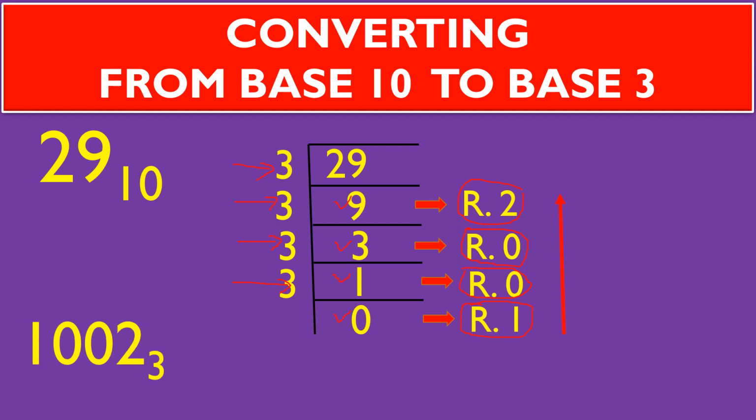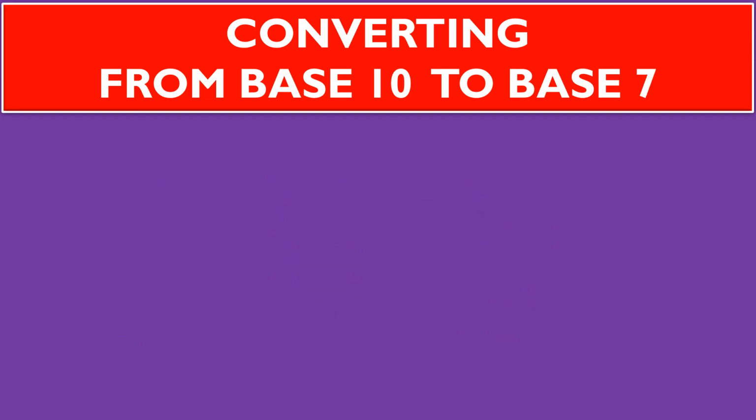And when we do that, we have 1002 in base 3. Therefore, the conversion of 29 in base 10 to base 3 is simply 1002 in base 3. Now we have a bonus question to solve.